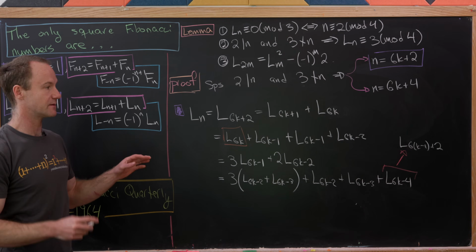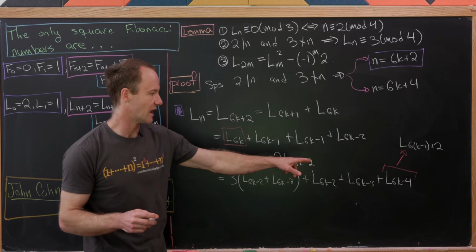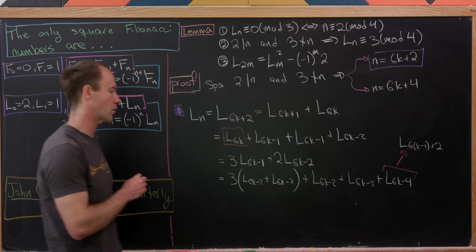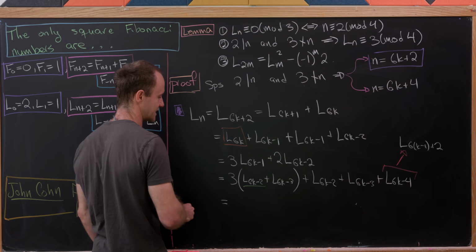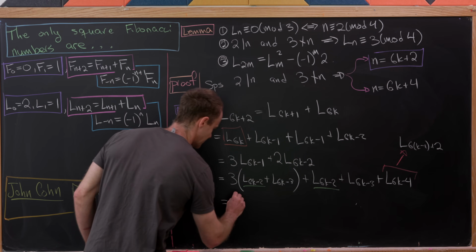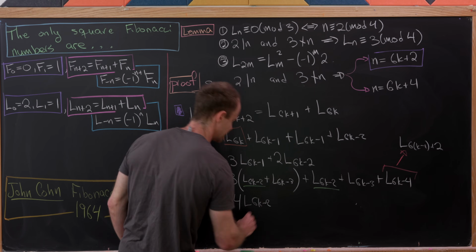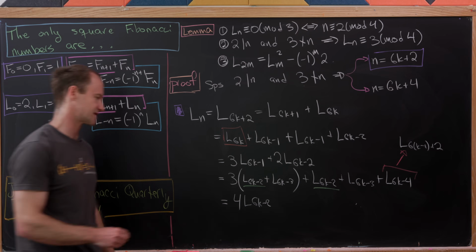So what we'll do is combine all of the like terms. We have a couple, and then we'll see what we have with respect to this L sub 6k minus 4 left over. Okay, so check it out. We've got a 6k minus 2 term here, a 6k minus 2 term here. This one's attached to a 3. That gives us 4 L sub 6k minus 2. We've got something similar happening with the L sub 6k minus 3.